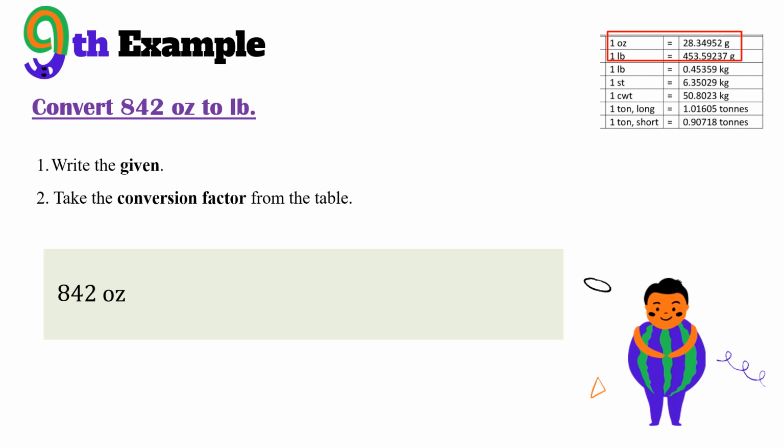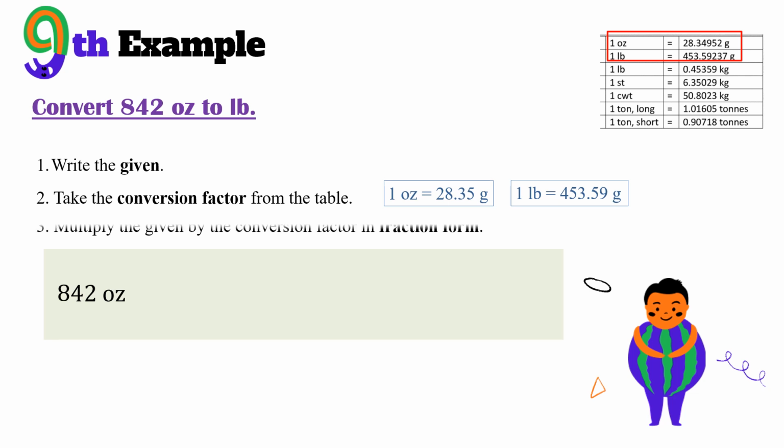So we have 1 ounce equivalent to 28.35 grams, and then 1 pound equivalent to 453.59 grams. So these are the two conversion factors that we are going to use. Now multiply the given by the conversion factor in fraction form.